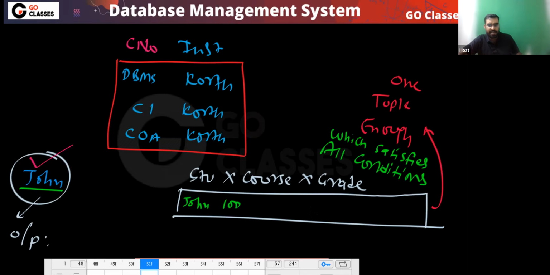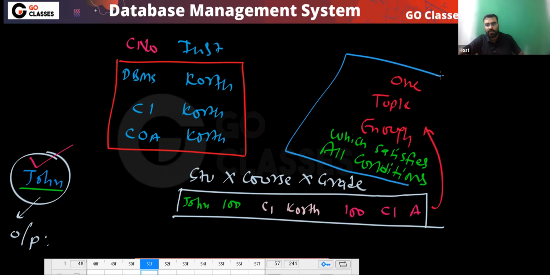Like Zone's roll number is 100 and this roll number 100 has gotten the grade A in the course C1, where this C1 course is taught by Korth. So this single tuple is enough. If you have this type of tuple, then Zone will be in the output.